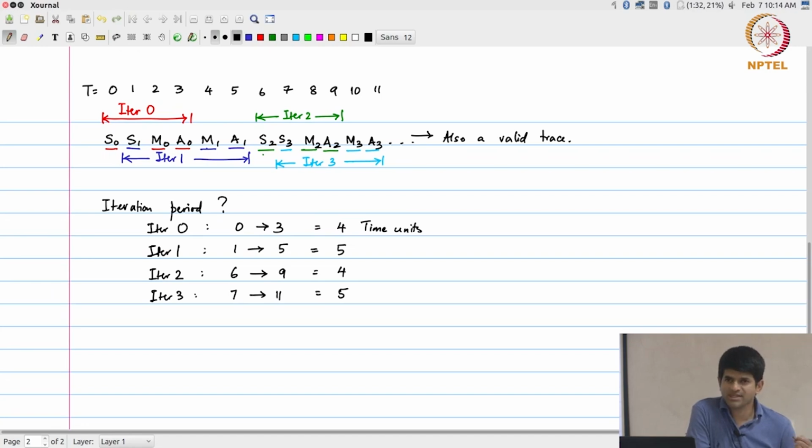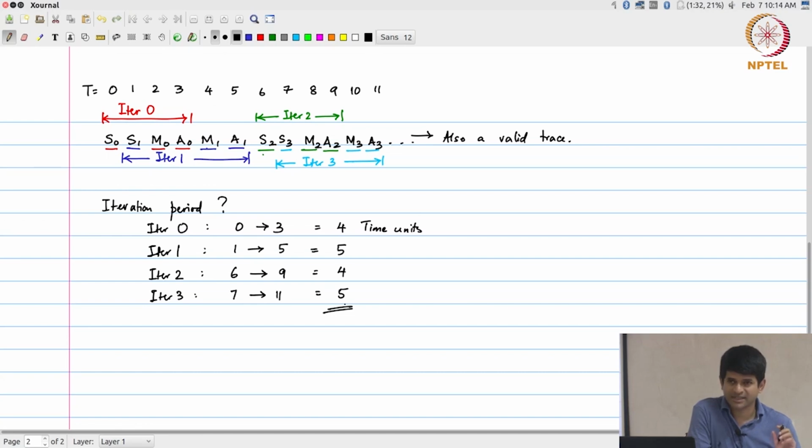But what is this? Is this really the periodicity, or is it just the time required for finishing that iteration? It is the time required for finishing that particular iteration. So this number that we are seeing over here is not really the iteration period, because iteration period is a property of the long term trace: on average, how quickly are iterations getting completed? The phrase on average is a bit tricky.